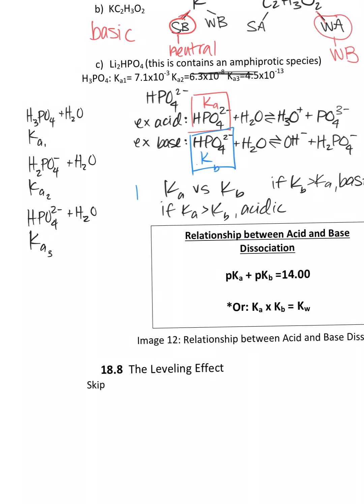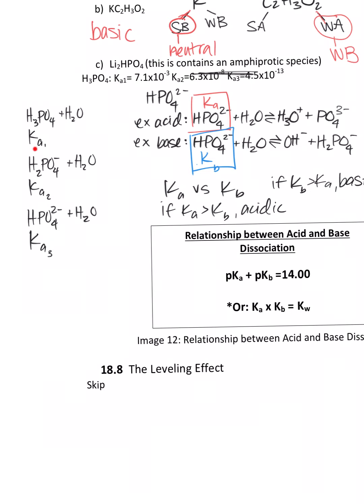Now I'm not writing the balanced reaction because it's not particularly important in this scenario, but that is what those Ka values refer to. So which of these Ka values gives me the Ka for hydrogen phosphate? Well, obviously it's the last one that I wrote, Ka3.